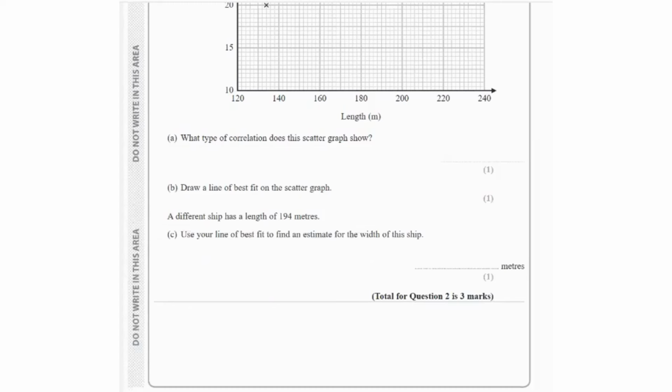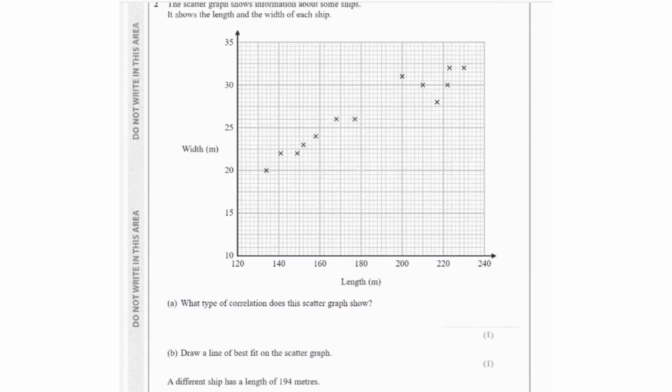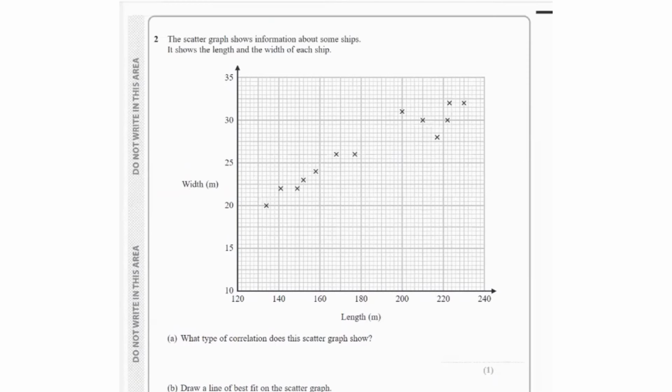Draw a line of best fit on the scatter graph. For the line of best fit, we're going to select those points which give us an equal number of points above the line and below the line. If you pick these, we're getting 1, 2, 3, 4, 5 above the line, 1, 2, 3, 4 below the line.